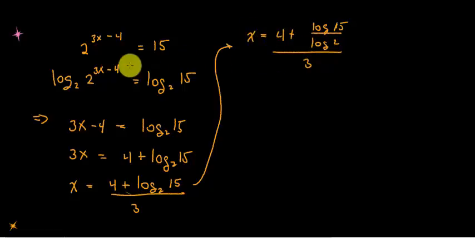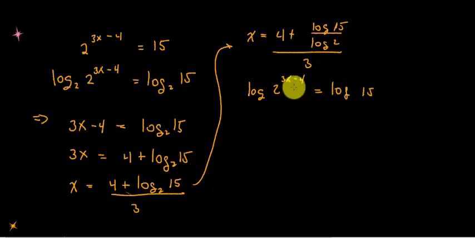Okay. Now let me show you, though, here's another way you could have done it. What you could have done is you could have said, you know what, I'm going to take the common log or the natural log of both sides. I'll do the common log for now because that's what I have on this calculator down here. So doing the common log of both sides, I would have log base 10 of 2 to the power of 3x minus 4 is equal to log base 10 of 15.